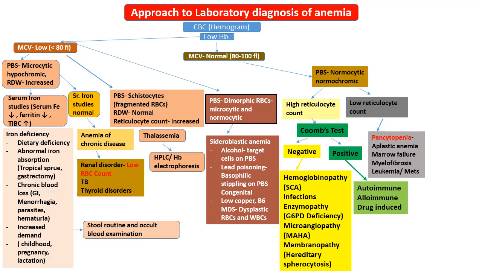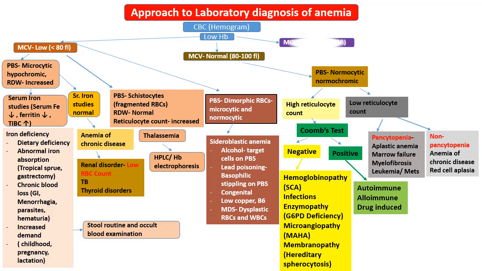In this case, there is possibility of aplastic anemia, bone marrow failure, myelofibrosis, leukemia or metastatic infiltration of the bone marrow. If the reticulocyte count is low but there is no pancytopenia, the possibility is of anemia of chronic disease or red cell aplasia.